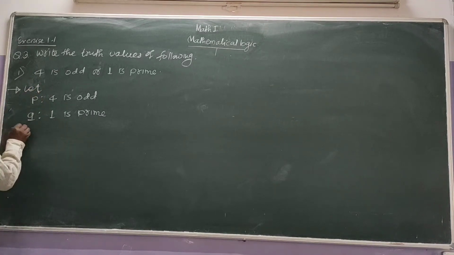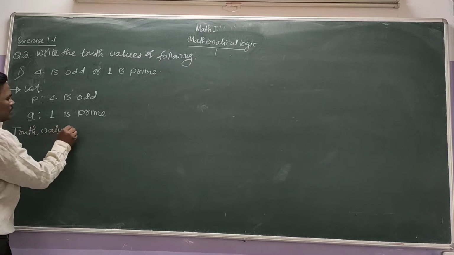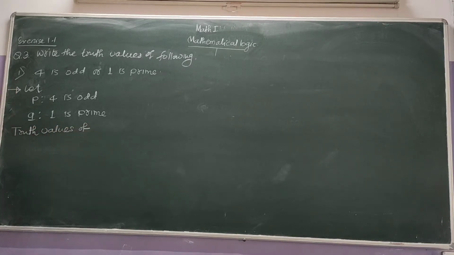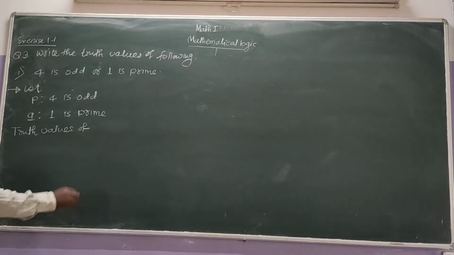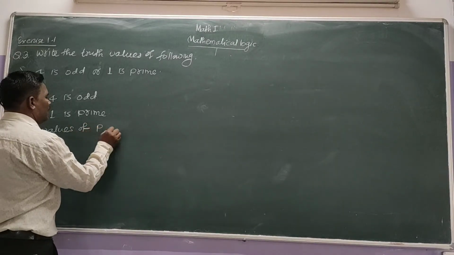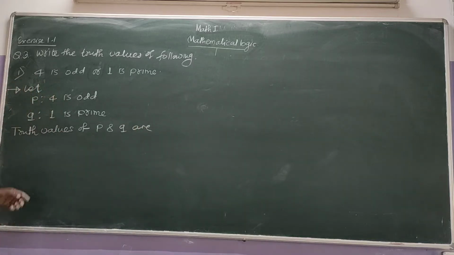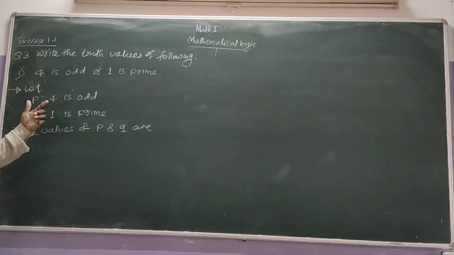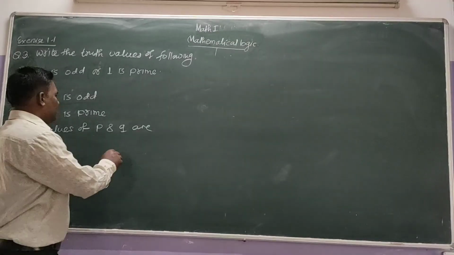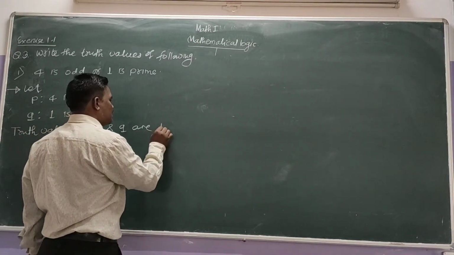Therefore the truth values of p and q are: observe p, that is 4 is odd. 4 is odd? Not. 4 is the even number, therefore p is false.